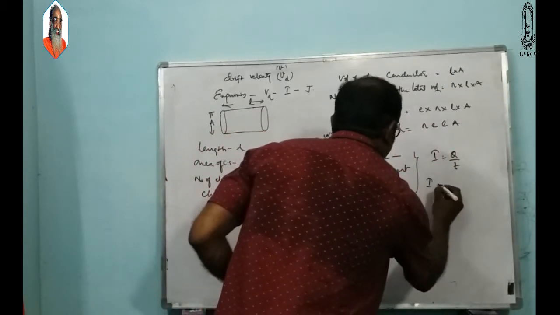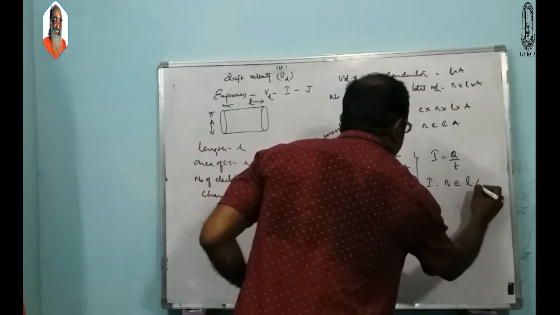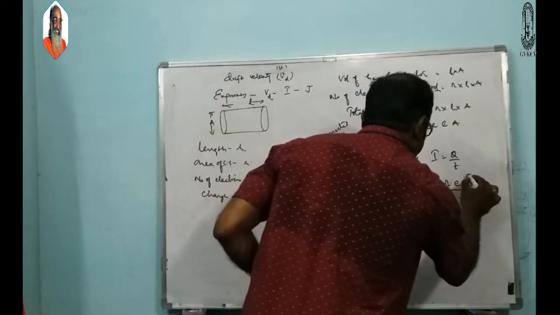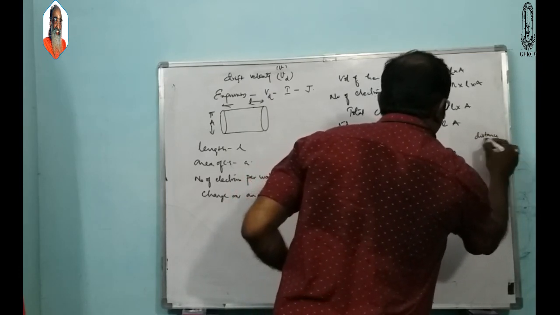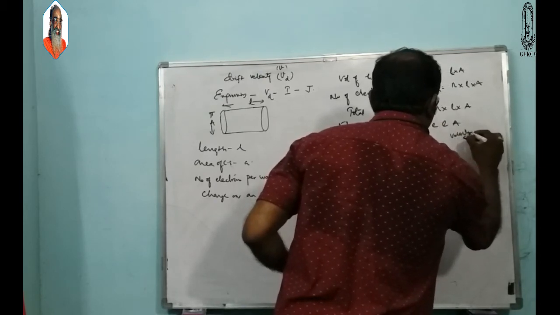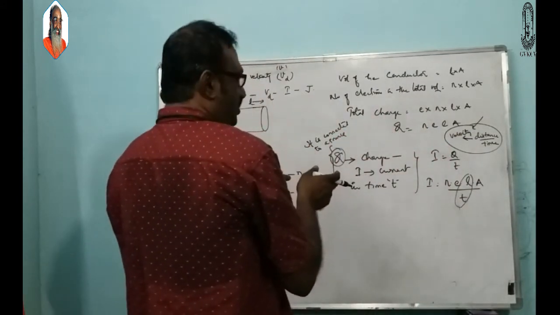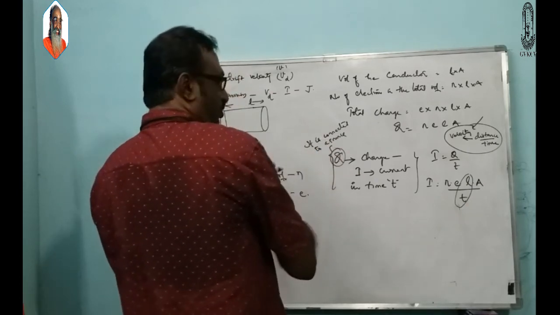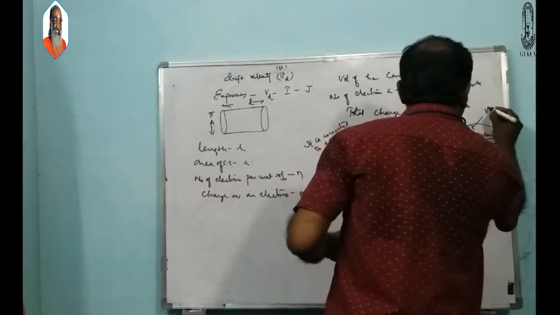What is Q here? It is n e L A, so I is n e L A by t. If we look at this, L by t is distance by time, which is nothing but the speed or velocity. Here we are talking about the free electrons, so this velocity is the drift velocity we have learned up to now. This is the velocity at which the electrons move, so this is the drift velocity Vd.